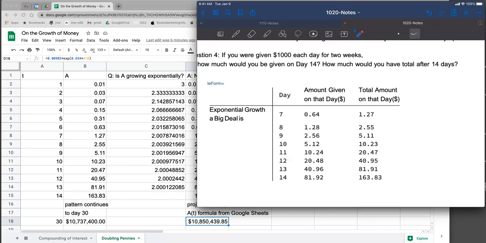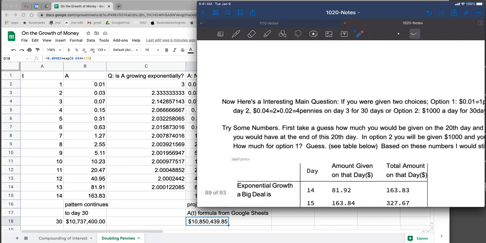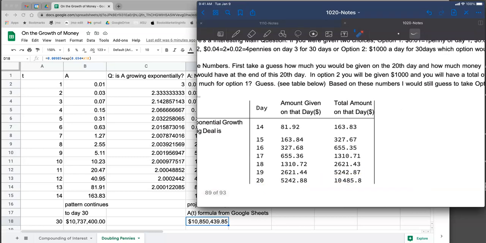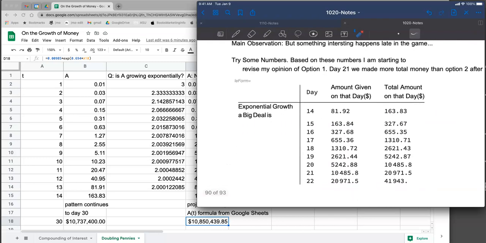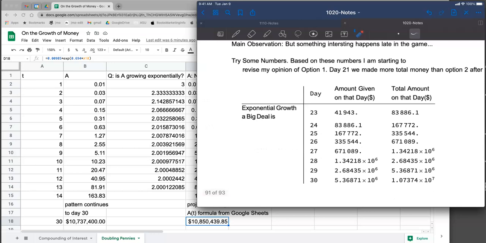And we went through this process and we continued on and continued on. In the process that you can do for 20 days, you'll have $10,485. And then we showed that in the last several days, the amount of money really accelerates quickly.